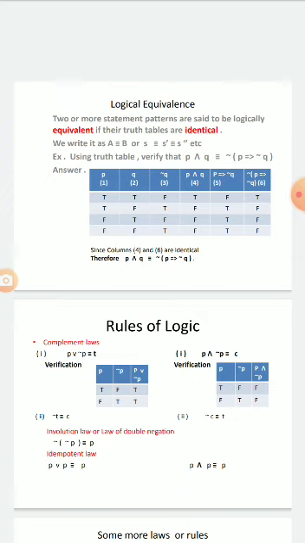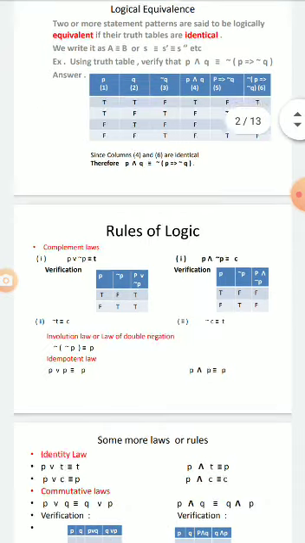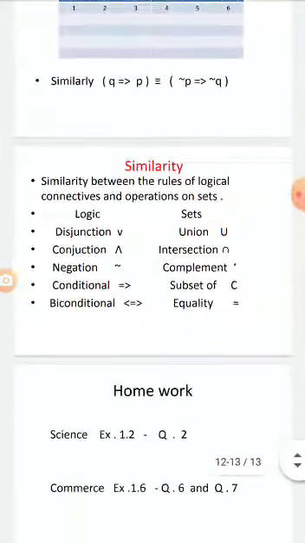Now I think I should explain how to write the rules. So go to the last slide. There is a similarity between the rules of logical connectives and operations on sets. How many logical connectives? Disjunction, that is or, and, negation, conditional, implies, and implied by.